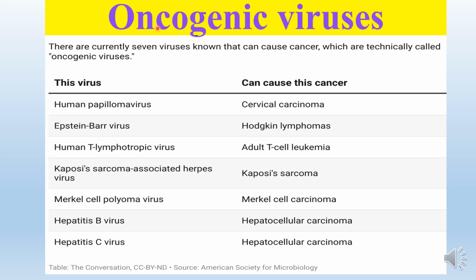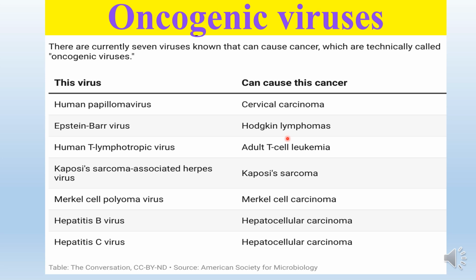So let us first take a look at the different oncogenic viruses. There are currently 7 viruses known to cause cancer. Therefore, they are technically called oncogenic viruses. The examples of the viruses and the cancer that they cause are tabulated here. Let us see. The human papilloma virus causes cervical carcinoma.